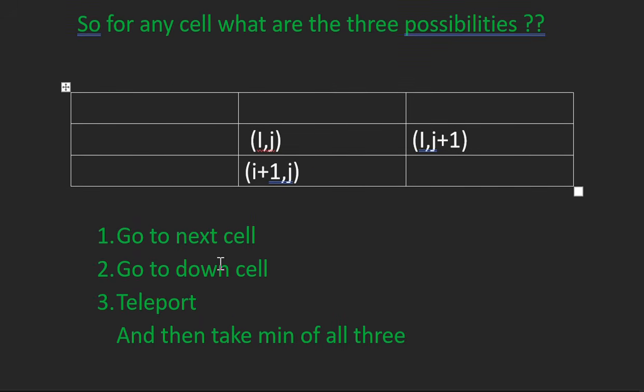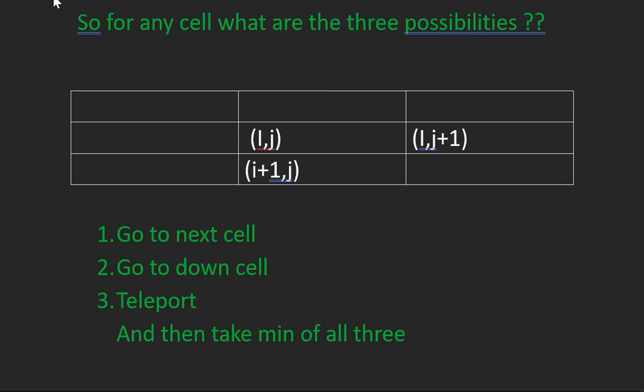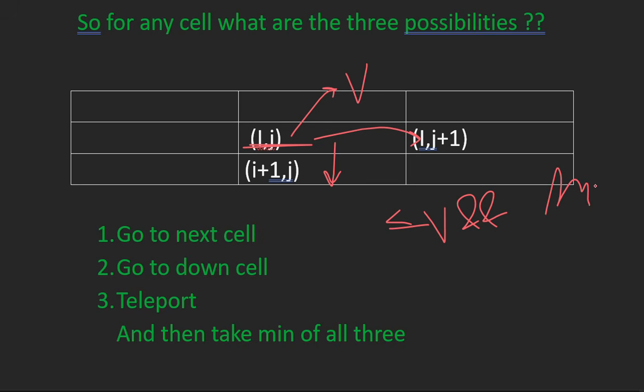And what are the three possibilities now? Suppose we are at some cell (i, j). One thing is we can go to the right cell, or we can go to the down cell. The third possibility is that we can teleport, and suppose this value is V, so we can teleport to all those cells whose values are less than or equal to V and whose cost is minimum.